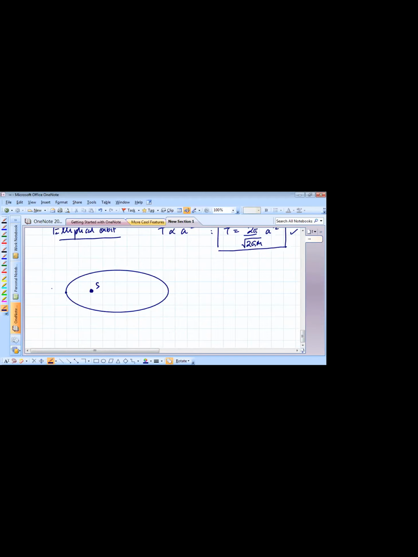Now, when the planet is at this point, it is having maximum velocity and minimum distance. And when it is at this point, it is having minimum velocity and maximum distance. So you can see that V minimum into R maximum is equal to V maximum into R minimum.